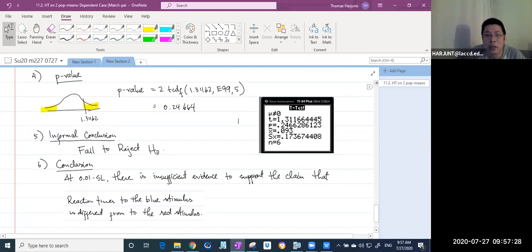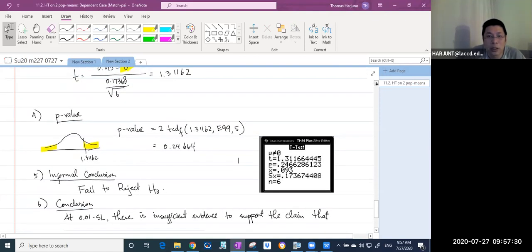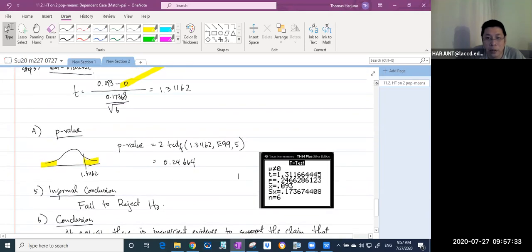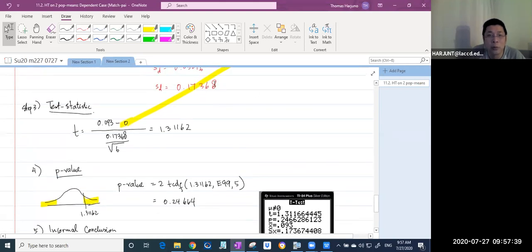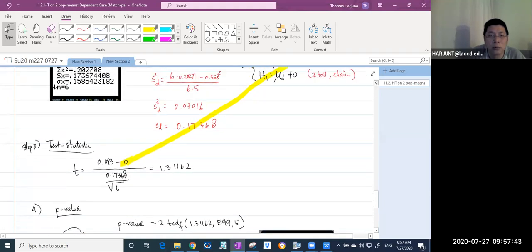Now, you see that my t is a bit off. I wonder why my t is off. Oh, I think it has something to do with my SD. Did I compute it right there?